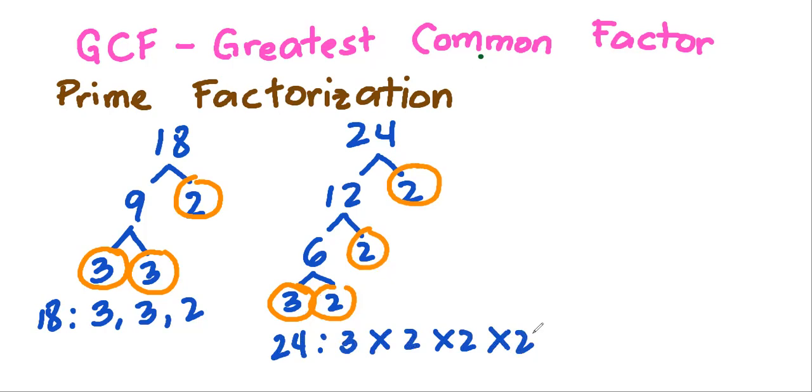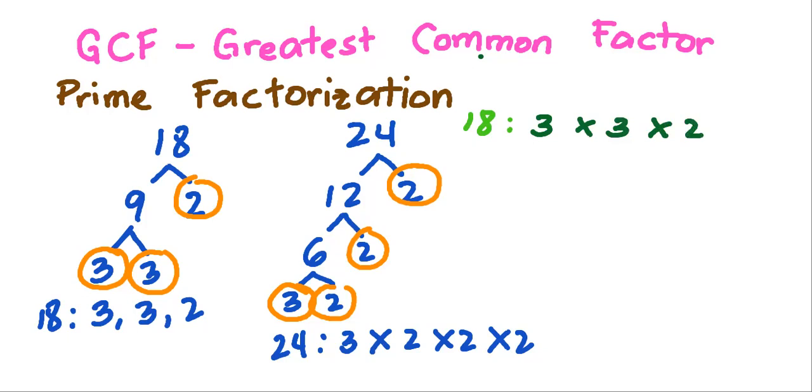Now we will list them here on the side. So for 18, we have 3 times 3 and times 2.